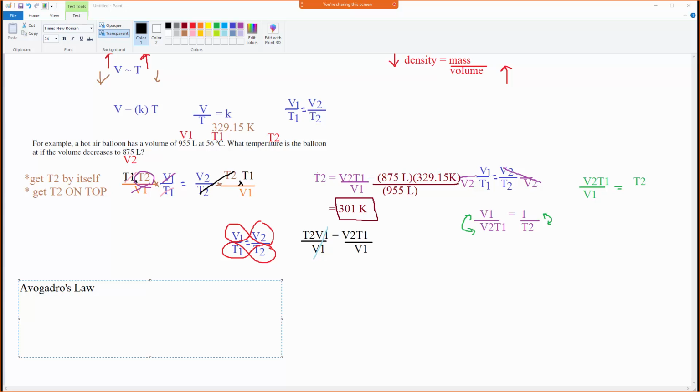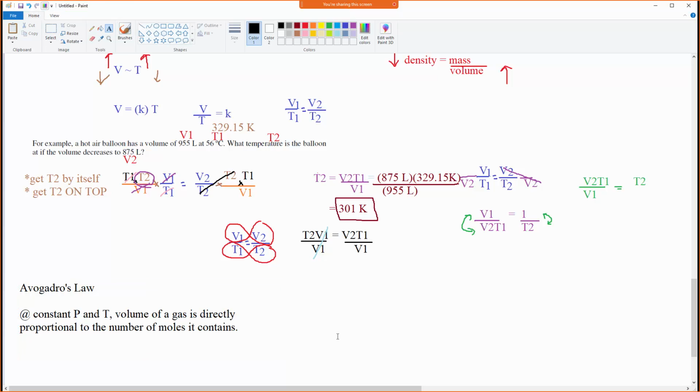I apologize, but that's Avogadro. We may as well say his name. Okay, so his observation was that at a constant pressure and temperature, the volume of a gas is directly proportional to the number of moles it contains.